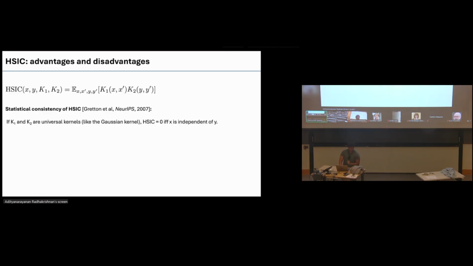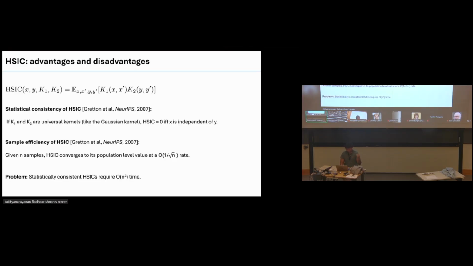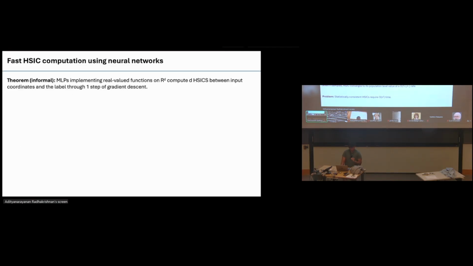One more advantage of HSIC is that it's sample efficient. Given n samples, the empirical HSIC converges to its population level value at a fast rate. The problem is that computing this object requires quadratic time in the number of samples. So this is very painful.